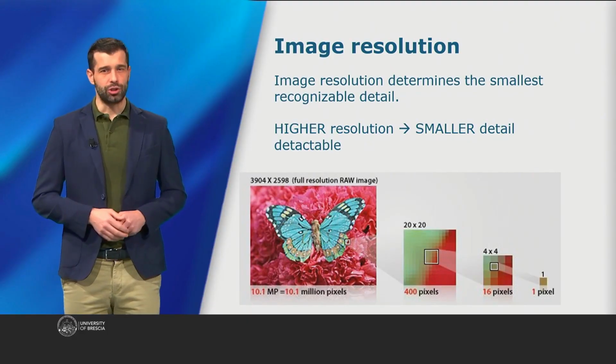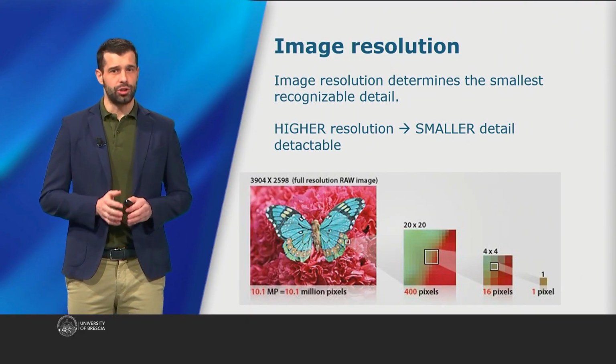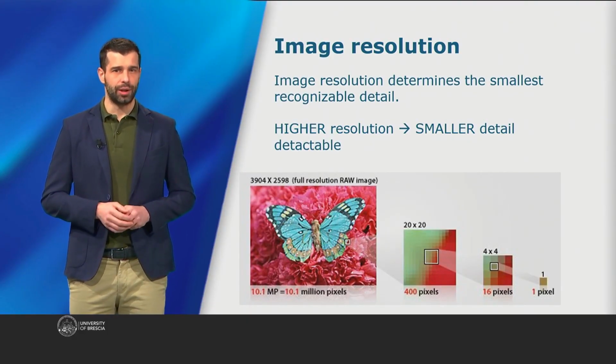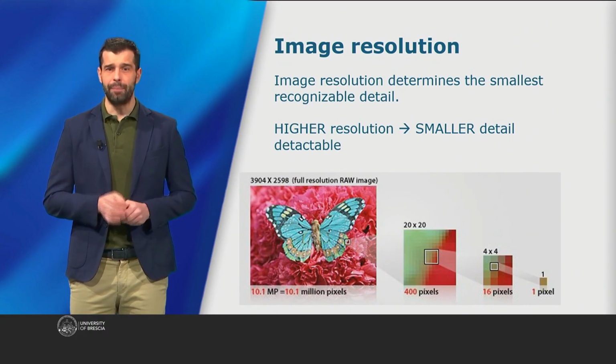And what is resolution used for? Resolution helps us understand what is the smallest recognizable detail within the image. The higher the resolution of the image, the smaller the minimum recognizable detail will be.